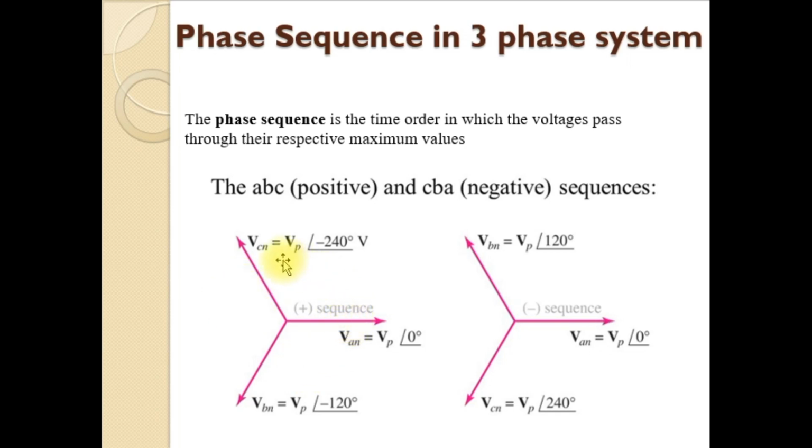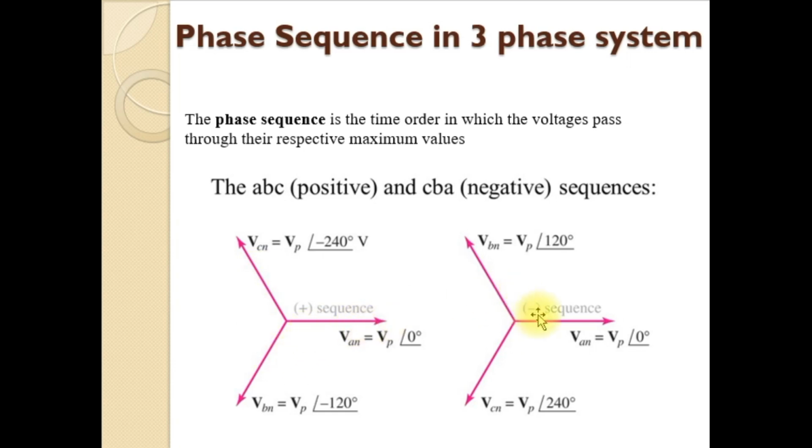So after R phase, B phase is coming, then only C phase is coming, and B phase is lagging with respect to A phase by 120 degrees, and C phase is lagging with respect to A phase by 240 degrees.